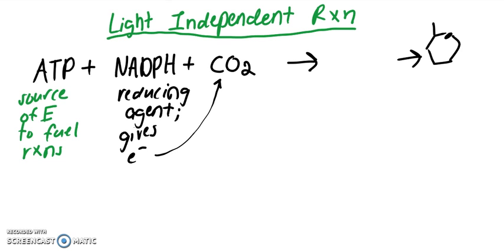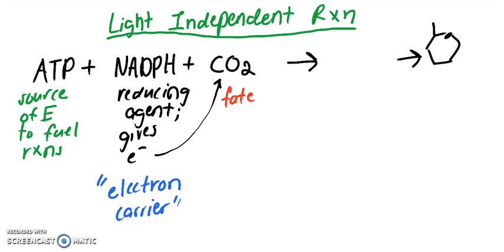And NADPH, we can call this an electron carrier, and hopefully you can see why that is. We call this an electron carrier because it carries the electrons to give to the CO2. And the fate of this CO2 is to eventually become a carbohydrate.